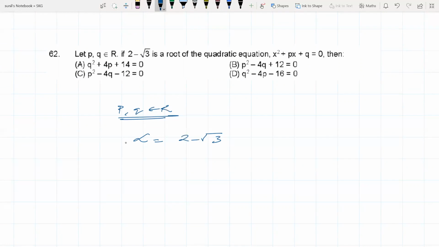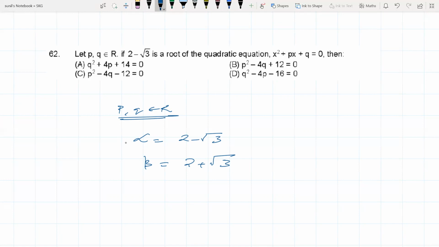For this question, a favorable approach is that they gave the options. So we will check with the next root being 2 plus root 3. So alpha equal to 2 minus root 3 and the second root is 2 plus root 3. In a quadratic equation, if one of the roots is an irrational number, then the other root may be its conjugate.